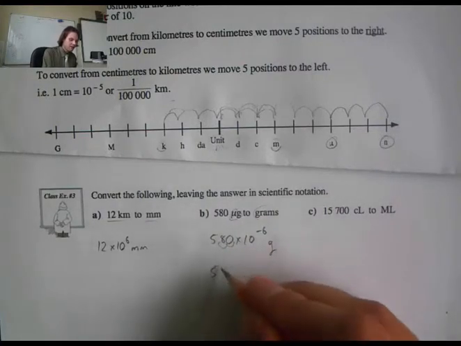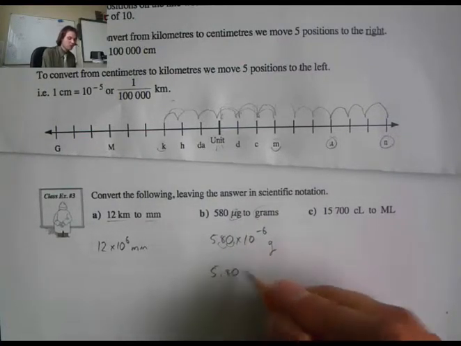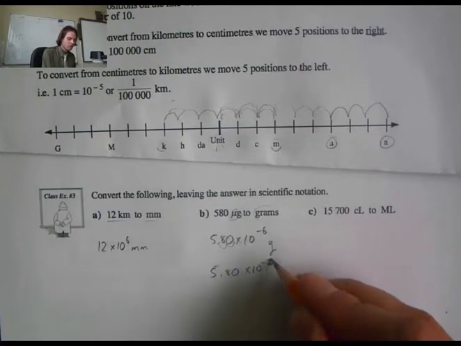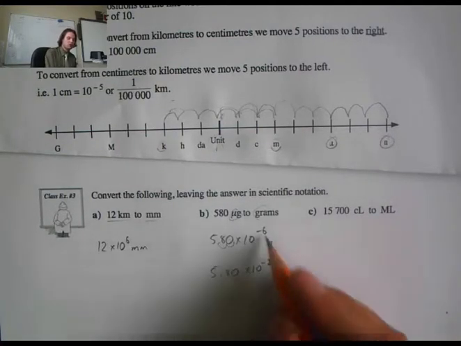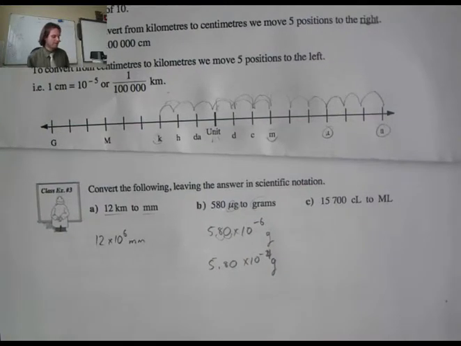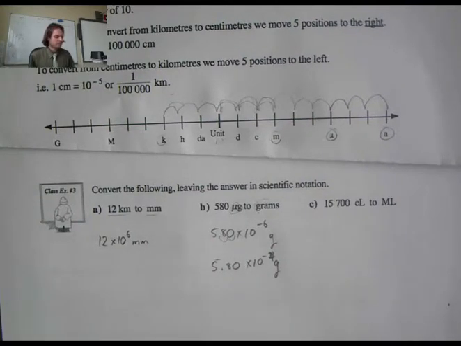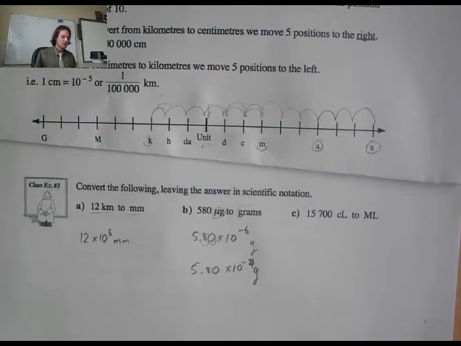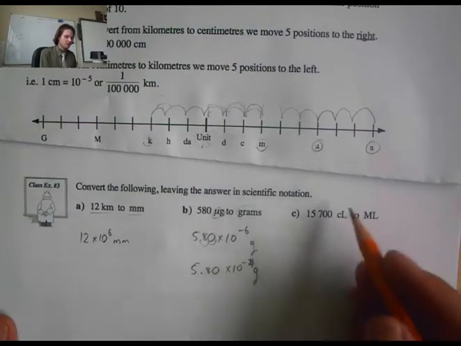So that's 5.80 times 10 to the negative 4 grams, because I just took out 2 tens. That's how we do that one. Okay, so if we just move it over. Okay, let's try my next one here.